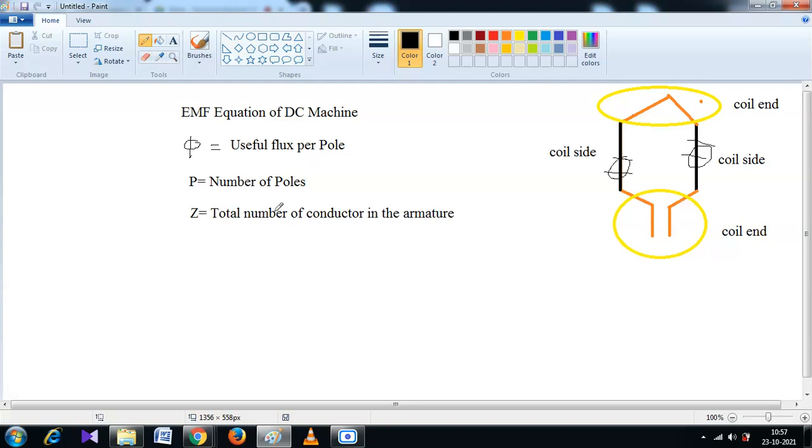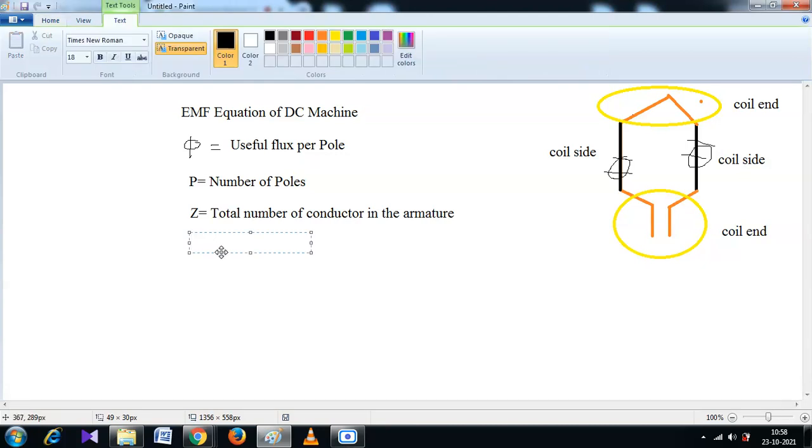Here we consider the total number of conductors is Z. Then how many turns are there? Z by 2. Good.